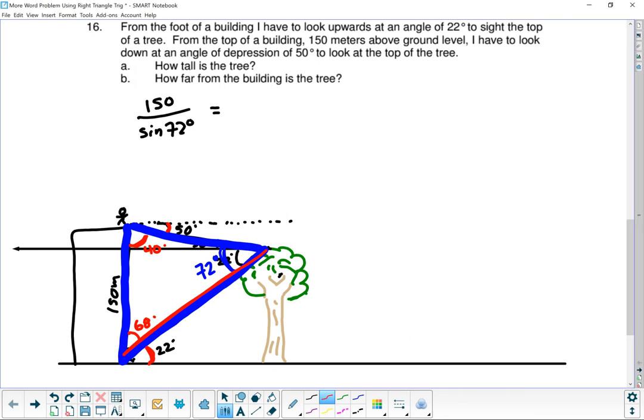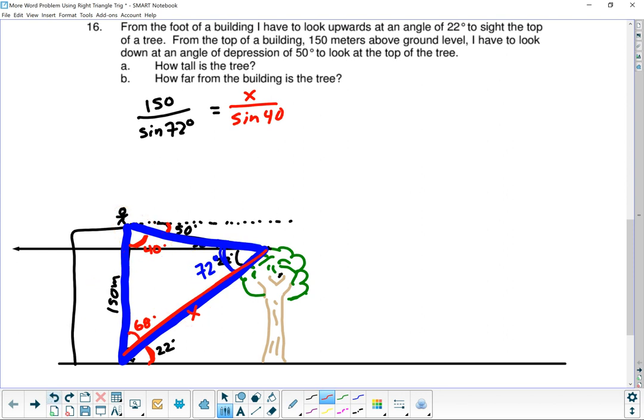Since we want to find this red side, we'll call it x. So we'll go x over sine of 40. All we did was use 150 and sine of 72, and use the law of sines, equating that to x and sine of 40, like we learned in class today.